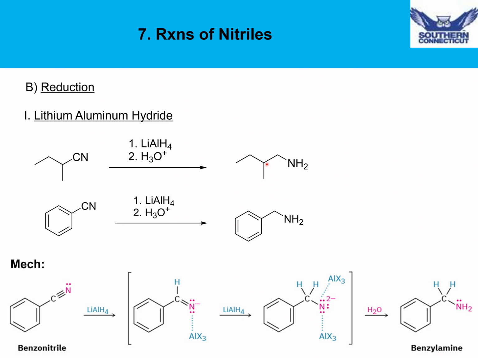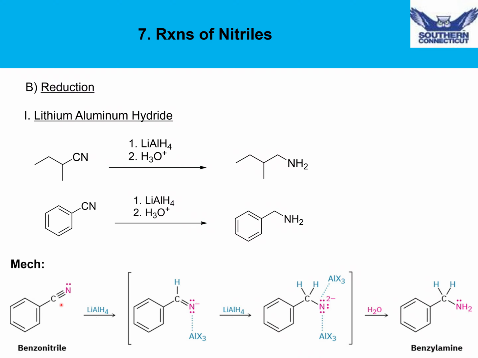So there are 1, 2, 3, 4 carbons in the longest chain, plus a methyl group on the second carbon. In the case of the nitrile, we also have 1, 2, 3, 4 carbons, and there is a methyl group on the second carbon. If we use benzonitrile, we can reduce it into this primary amine as well with lithium aluminum hydride.